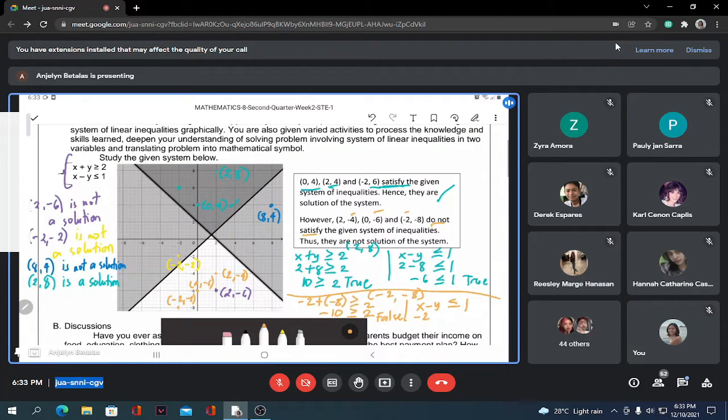Next, x minus y less than or equal to 1. x is -2 minus y, -8: -2 minus -8 is 6. Correct, and of course this is false, since 6 is never less than or equal to 1.